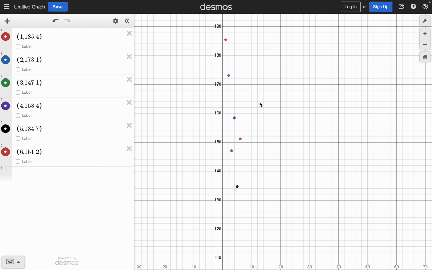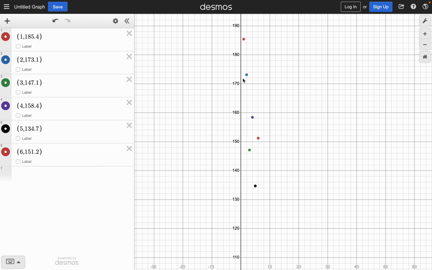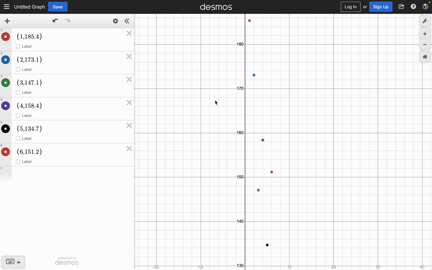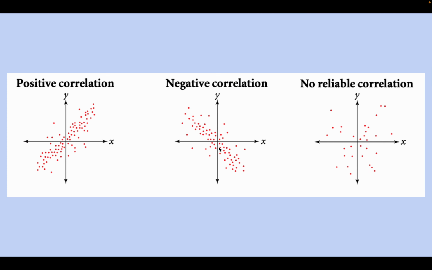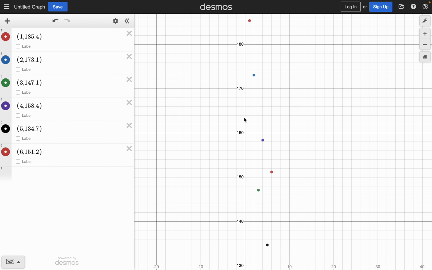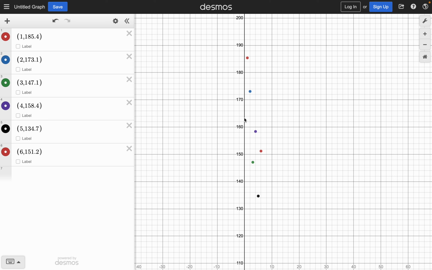So if we look at this, what can we tell about this slope? As x increases, as we go from left to right, the points go from high to low, which means it has a negative slope, a negative correlation. We also learn about whether correlations are weak or strong.